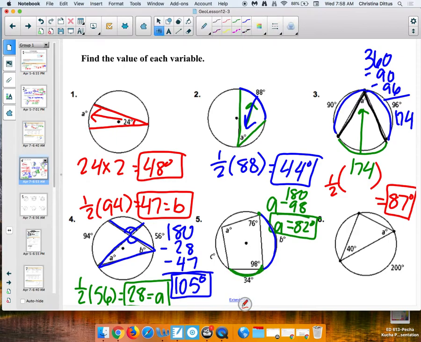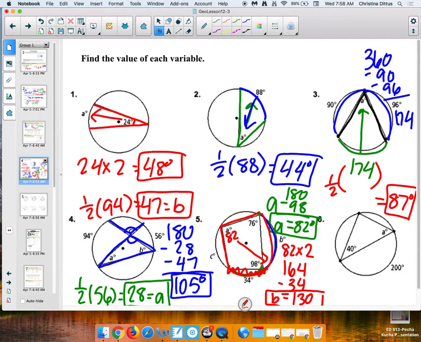Do I have an angle that goes from the blue and green combined? Oh, look, I do. And I know that this is 82. So if I bring this 82 out, it'll be the total of these. 82 times 2 is 164, but I have to subtract out this 34, because that's not B. B is 130.